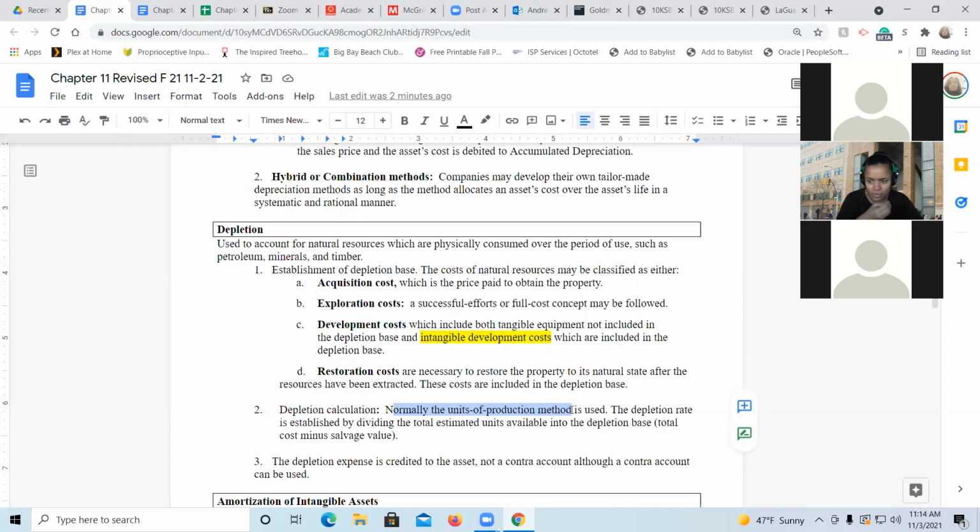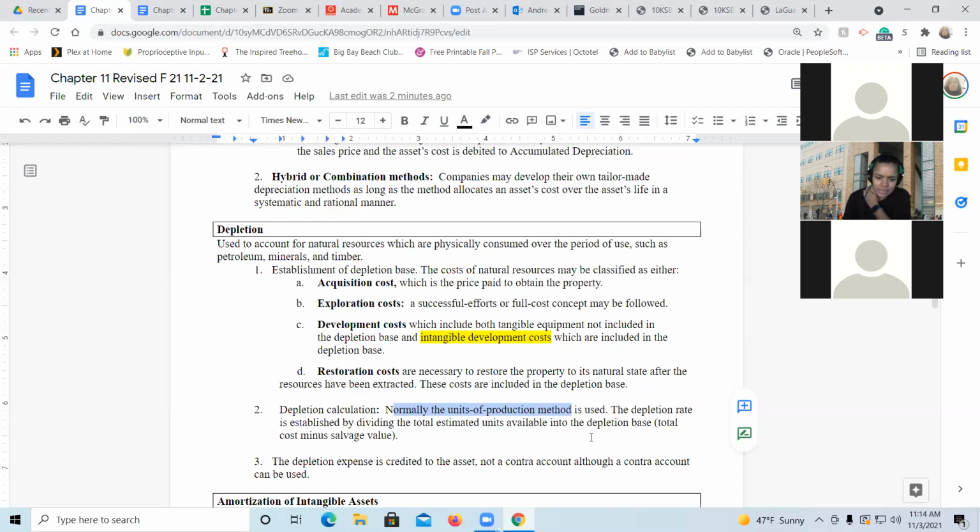There's an actual unit of production that can be measured. That makes more sense than saying I'm going to deplete this mine over 5 years, because maybe in the first 2 or 3 years you're really getting stuff out, but by years 4 and 5 there's not much happening, and yet you've got equal depletion expenses instead of using an activity-based method.